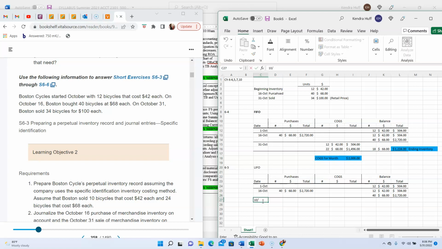Okay, now here's where it changes. I sold 34, and I'm using LIFO, last in, first out. So the 40 here are my last in. So when I do my cost of goods sold, I'm going to pull them out of that 40 at 68. All right, so then for my ending inventory, I still have the 12 at 42. And now out of the 40, I took out 34, so I have 6 left at 68.